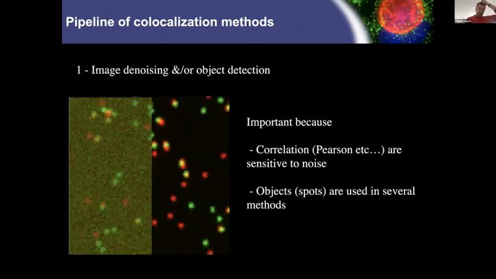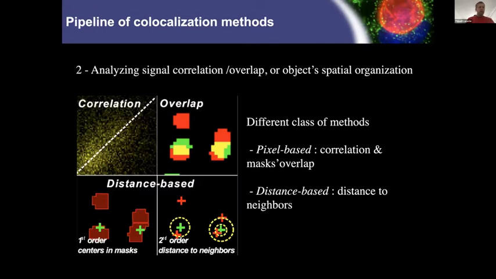I think you have understood that colocalization is not easy, it's a pipeline. Typically, a first step is to at least decrease the noise and sometimes detect the objects or the localization of your objects. Then there are quite a few standard approaches, like the correlation between extracted pixel or signal, the overlap of the masks that you can detect, or distance-based approaches.